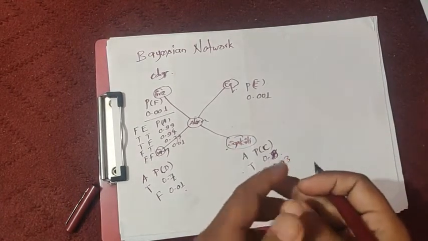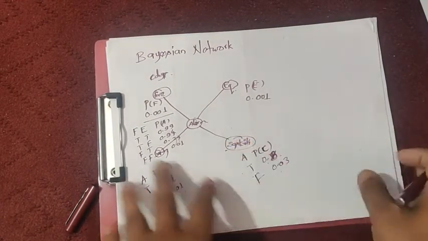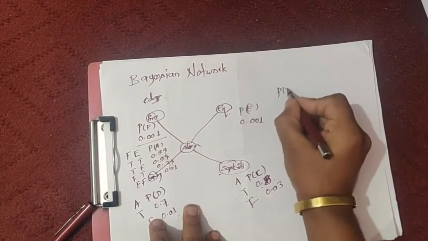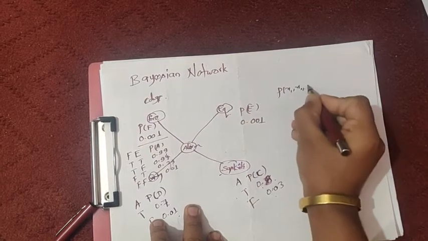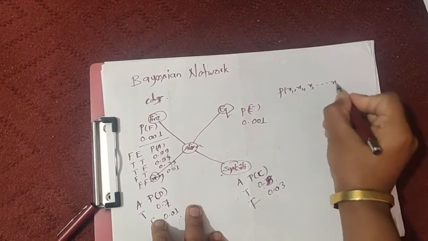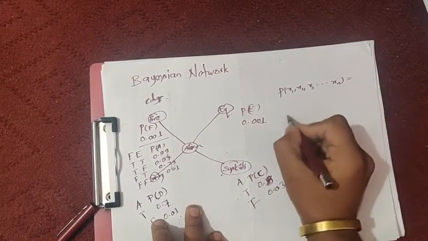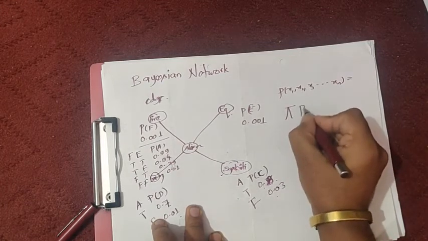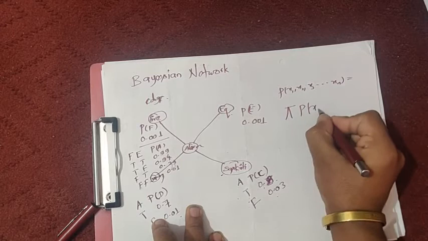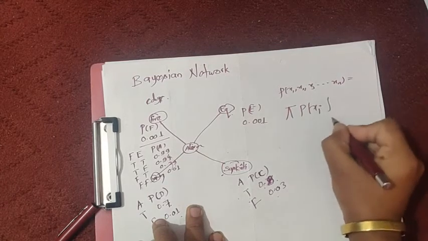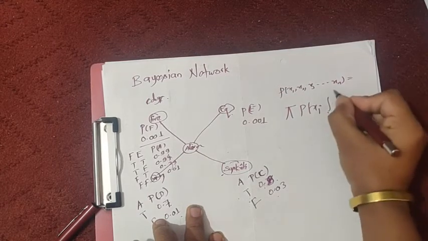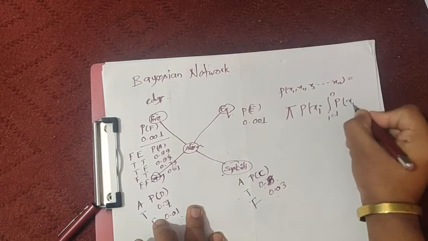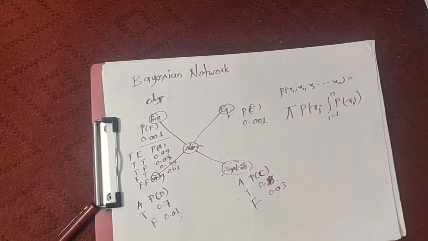So we'll be solving this problem. Retrieving the probability from the conditional distribution: P(x1, x2, x3, ..., xn) equals the product over i equals 1 to n of P(xi | parents of xi). This is the formula.